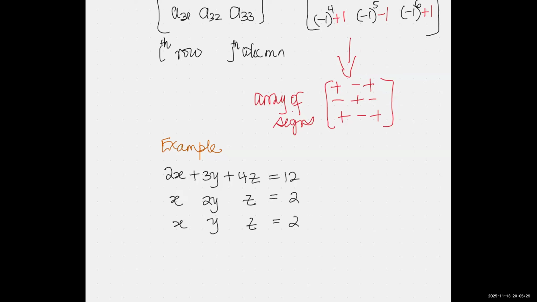Solve the system of equations using Cramer's rule. x plus 2y plus z equals 1. 2x minus y plus 2z equals 6. 3x plus y plus z equals 4. How many marks? 15. It's a 2019 paper.